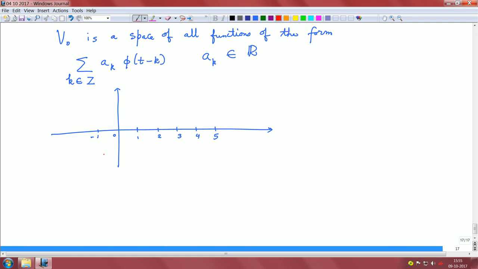Now, there is say A minus 1, this is A0, this is A1, this is A2, this is A3, and so on. You observe these discontinuity points.